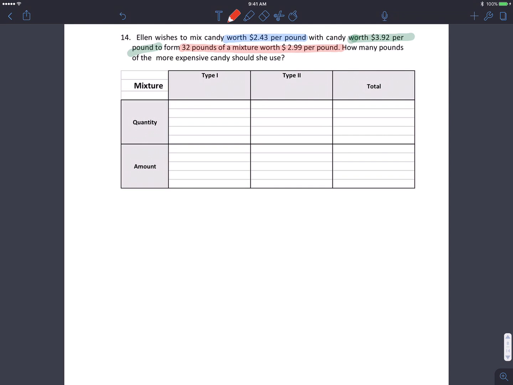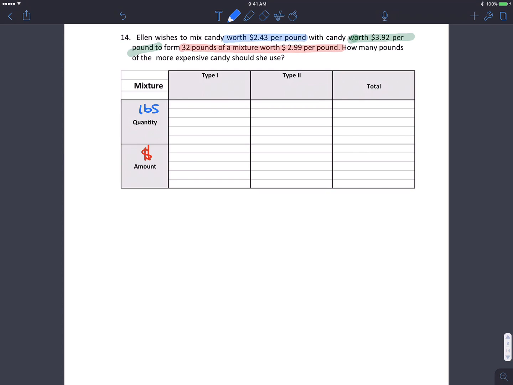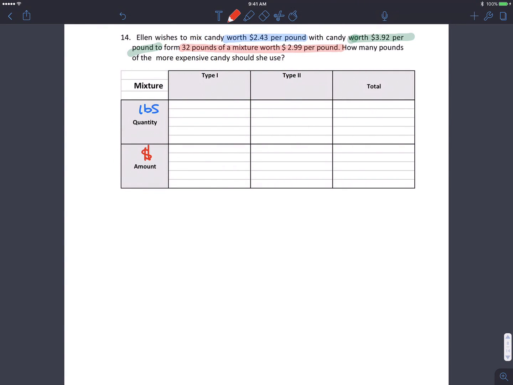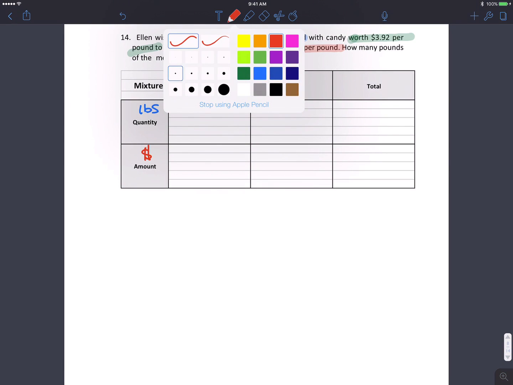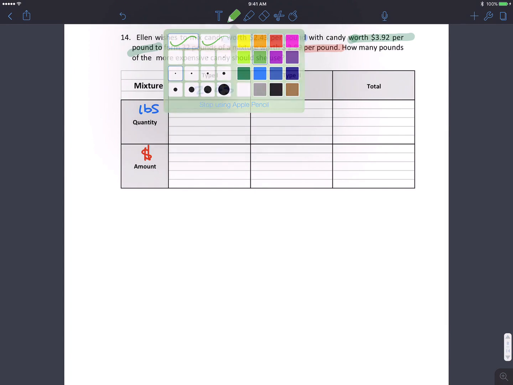So again, we have the dollar amount, and again we have the quantity in pounds, LBS. Now, type 1 is actually $2.43 per pound, so I'm going to label that in blue, $2.43 per pound for type 1, where the second type is actually $3.92 for the second type.